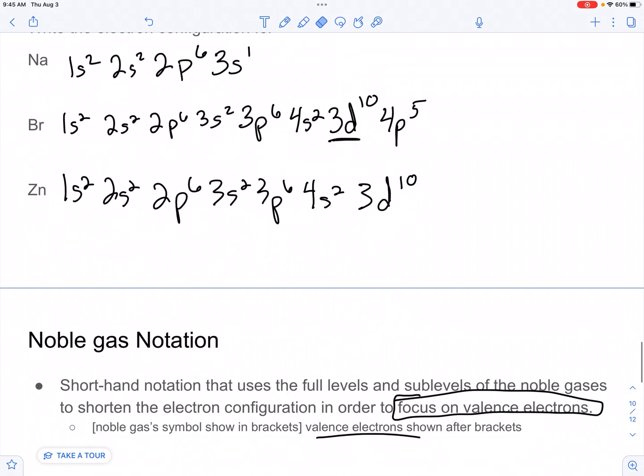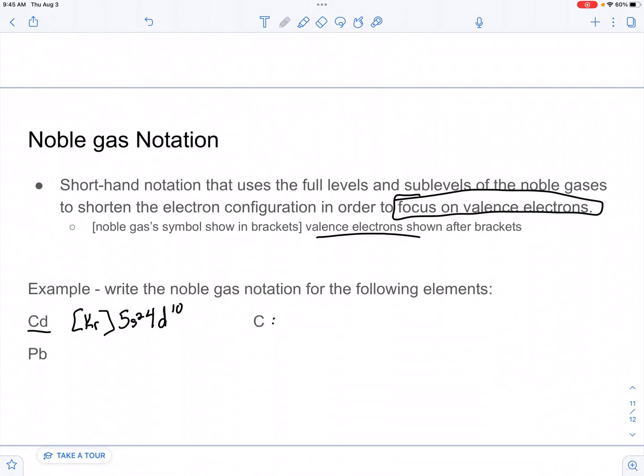Sorry, I want to correct something I said. When we talk about valence electrons, these 4d technically are not valence electrons. The only valence electrons we have are the 5s. Again, it allows us to see all the electrons, but the d's are never going to be considered valence electrons. The valence electrons are only in the s and the p orbitals, because the d is in the fourth level.